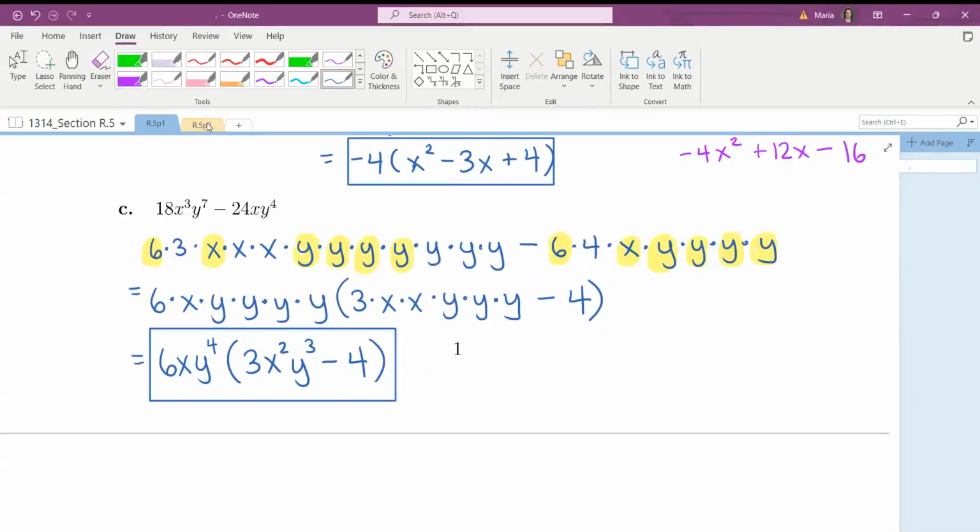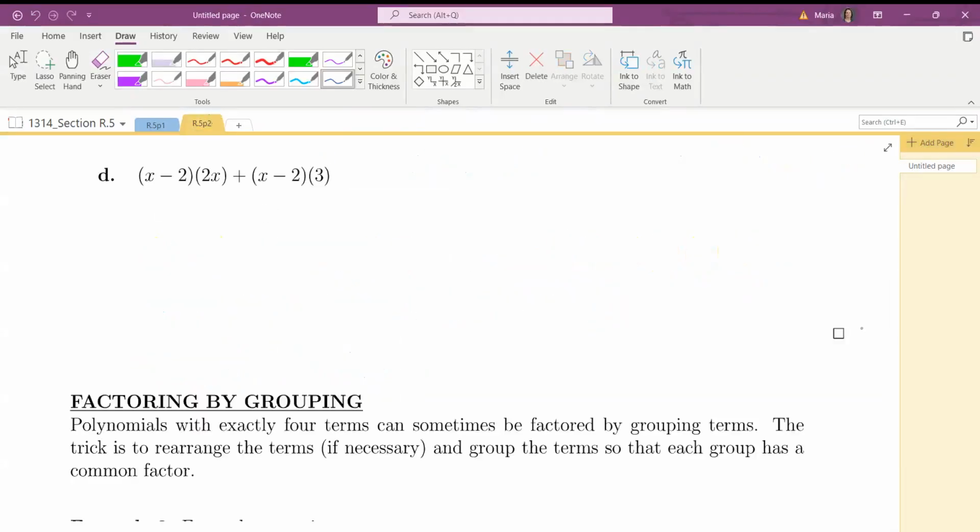All right, we've got one more. If we jump to example 1D on the next page, again, this is another strange looking one. This is definitely not in standard form. It looks funny to us, and the reason it looks so funny is because it's not multiplied out. So your first thought may be, I need to distribute.